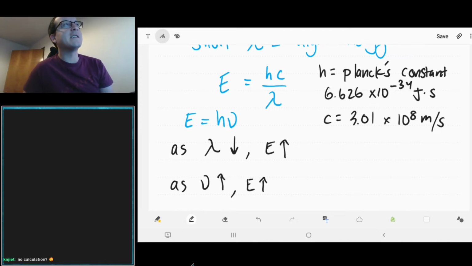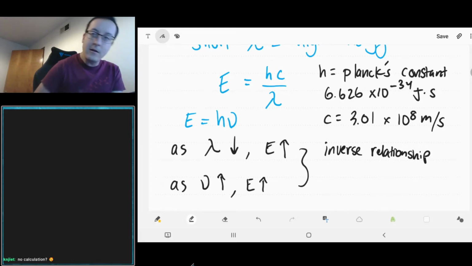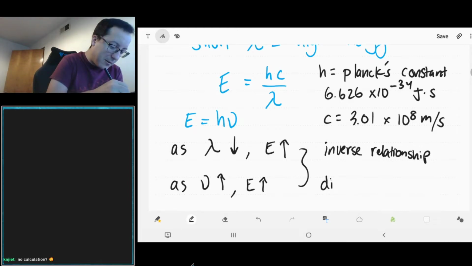That's just stuff you'll do in 111, if you end up having to do that. So right now, this one's not going to have any calculations for us. But again, understand these two relationships. This one is an inverse relationship, right? And this one is a direct relationship.